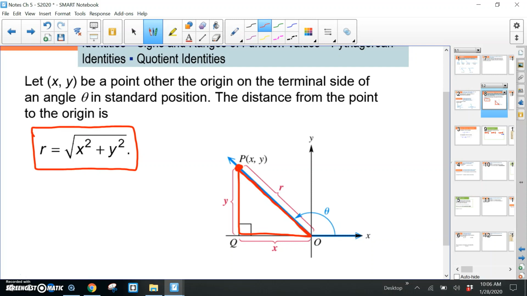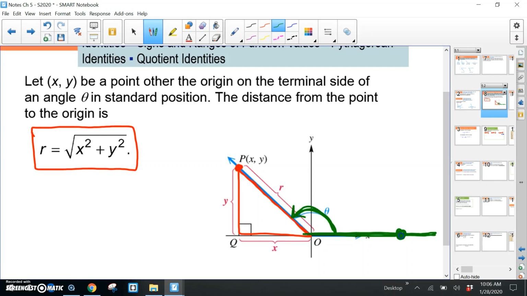It might be good for you to understand how that triangle was formed and what r is. So imagine this initial side, and let's start this point over here. The angle, remember, was formed by rotating that terminal side around like so.